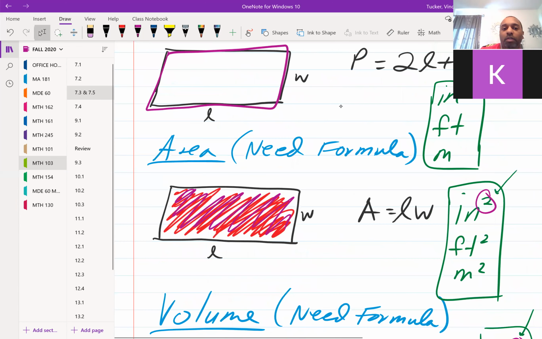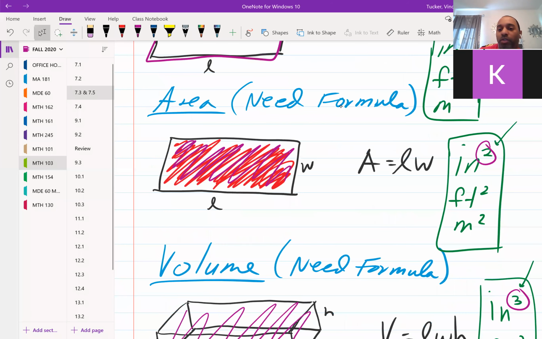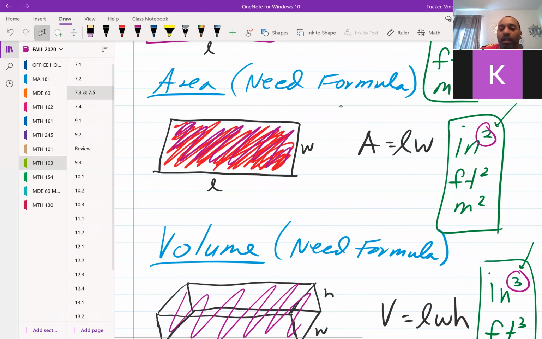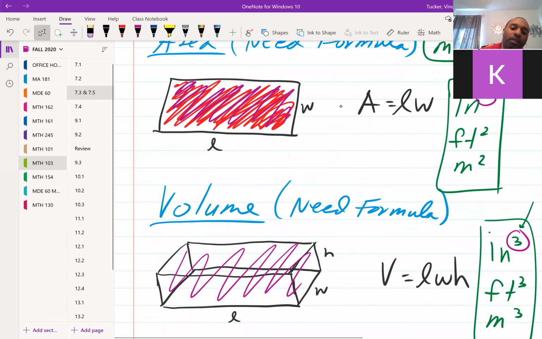And when I calculate my perimeter, it's going to be the regular measurement. So if I'm in inches, it will stay in inches. For area, it would go to inches squared because I did inches times inches. And then it would be cubic inches in volume because that would be inches times inches times inches.